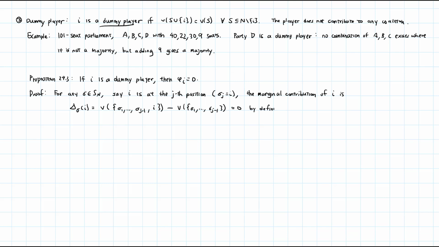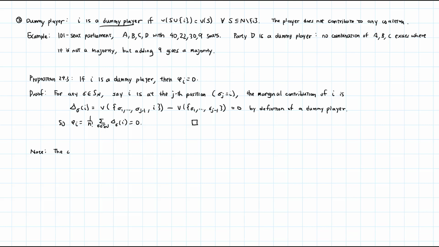And this is 0 by the definition of a dummy player. Since the marginal contribution of i to any permutation is 0, the formula for the Shapley values will give us that it is equal to 0. And that completes our proof.